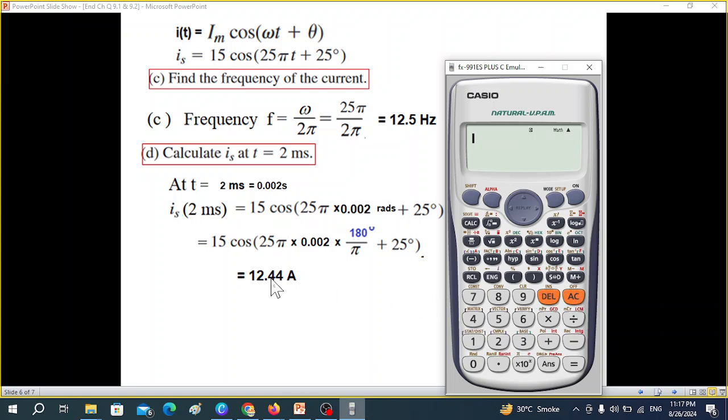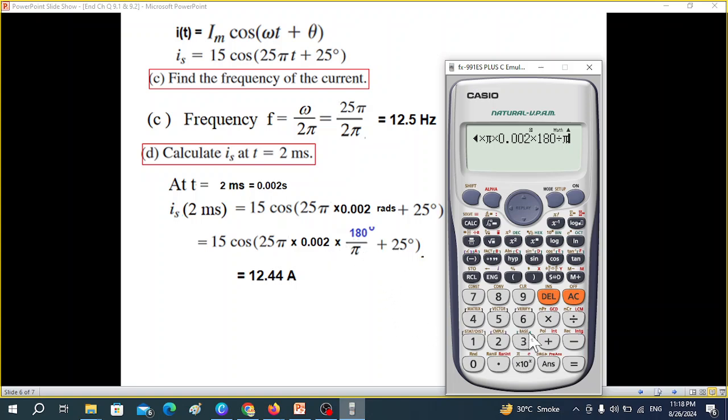Clear, 15 into cos 25 into pi, shift pi into 0.002 multiplied by 180 divided by pi.